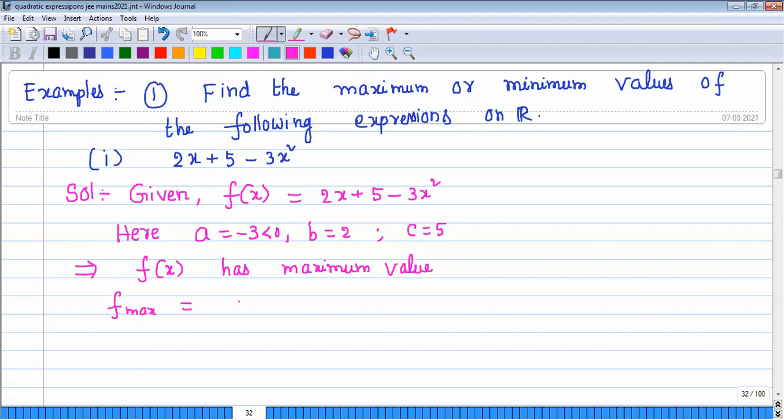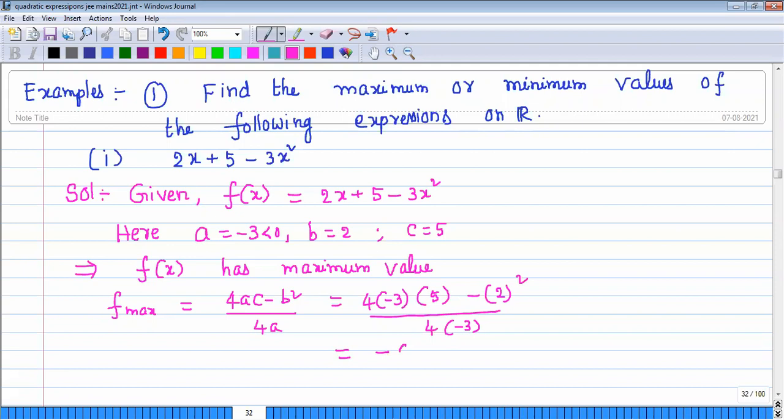What is the formula? 4ac minus b square by 4a. Let us substitute respective values. 4 into a, minus 3, c 5. So this is 2 square upon 4a, 4 into negative 3. Just simplify, you will get the answer.